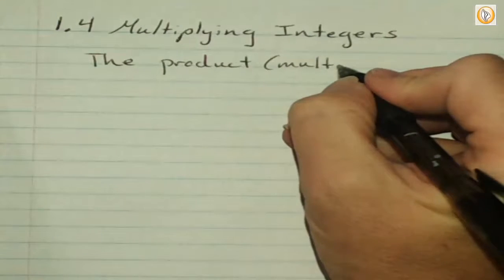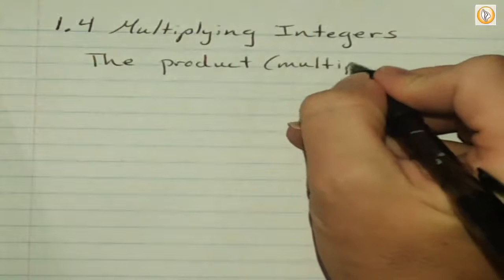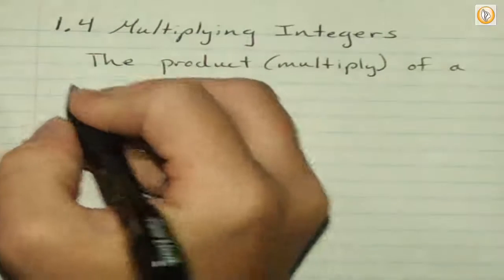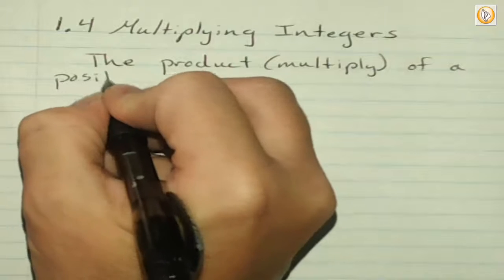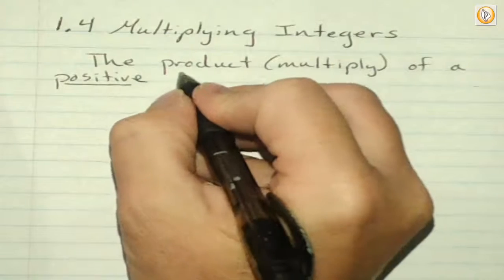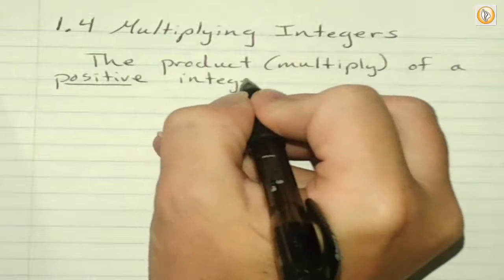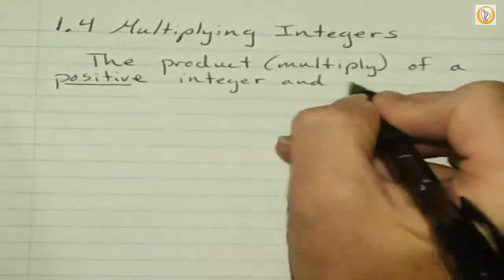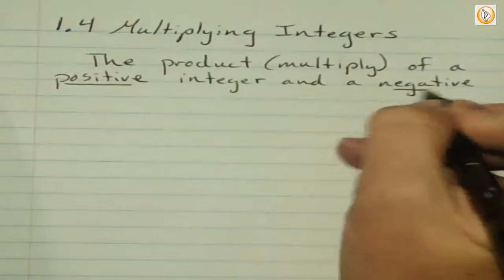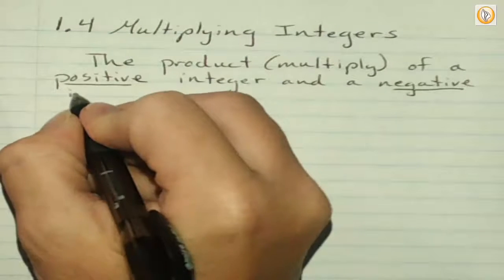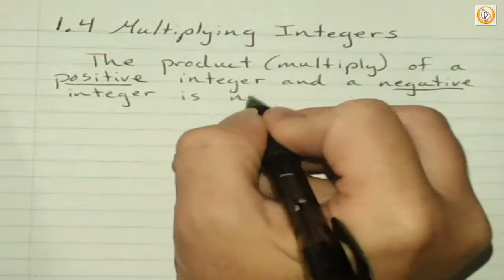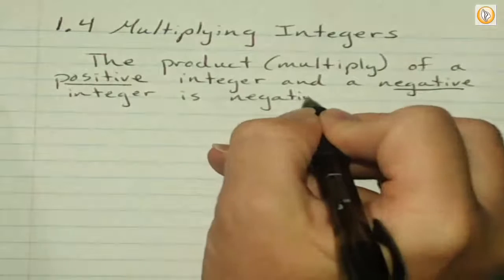So the product, meaning multiply, of a positive integer and a negative integer is negative.